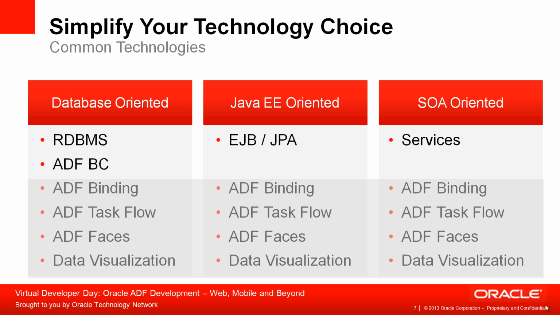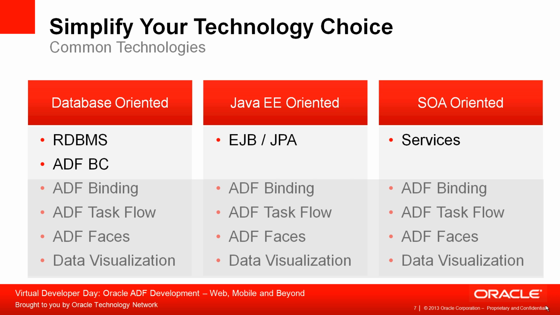If you need to reach out to a different technology, like the database-oriented developer needs to reach out to include a web service, or the EJB developer needs to include the web service, or the SOA developer needs to include PL/SQL calls, then you should look into the business service that you're working with, how to do it. This way, you provide the same and consistent API between the business service and the application developer.